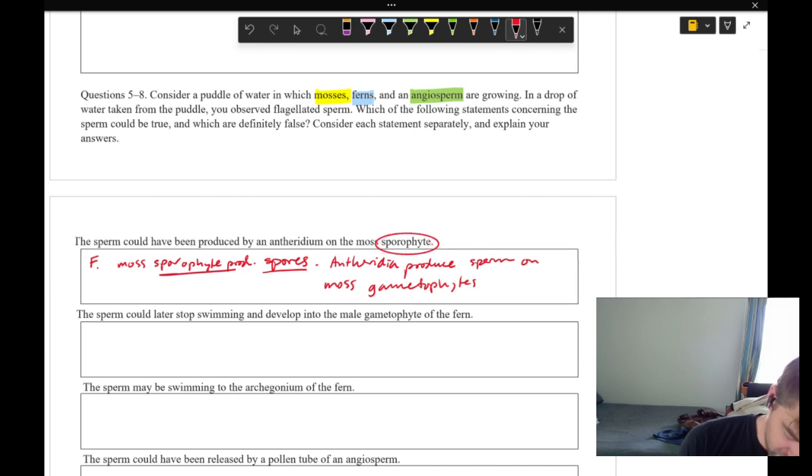So the key word to know here is sporophyte and what produces what.